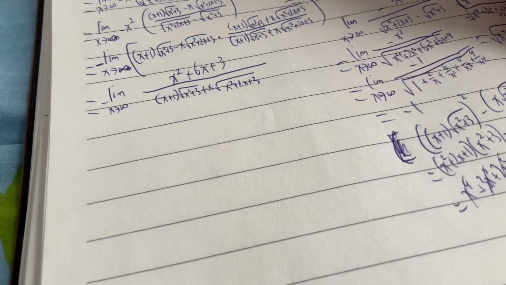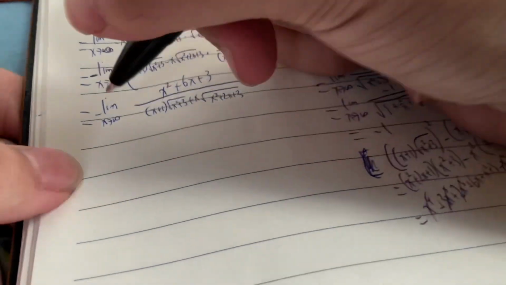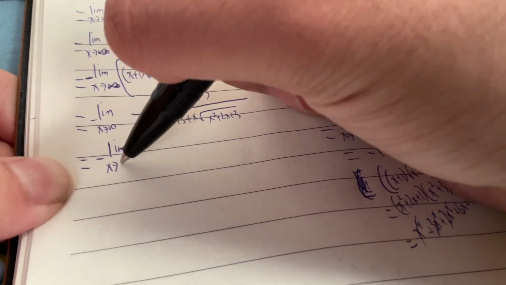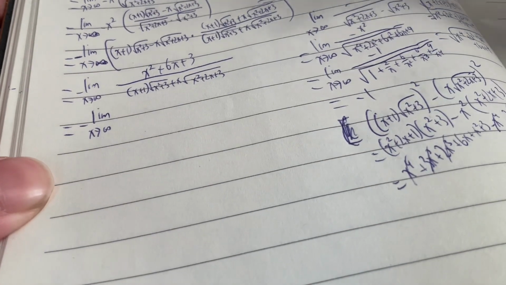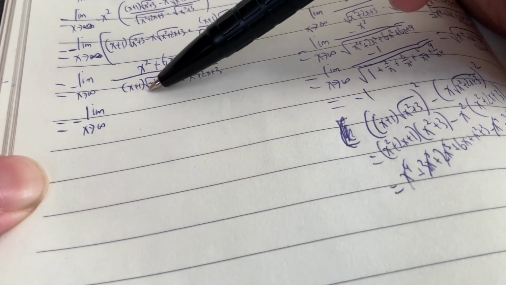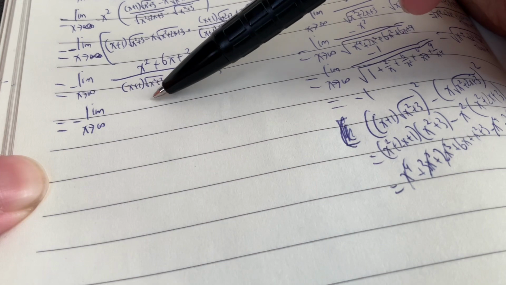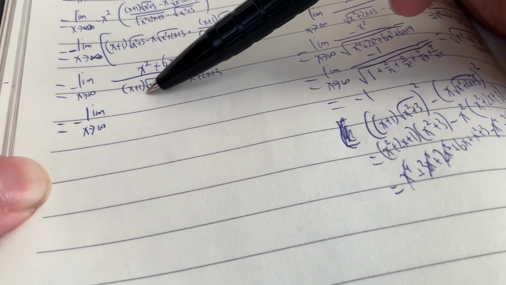So let me just do this. Negative infinity, x approaches infinity. And here, what should we do? If you divide by x here, x can be written as the square root of x squared, right? So inside you just need to divide by x squared.